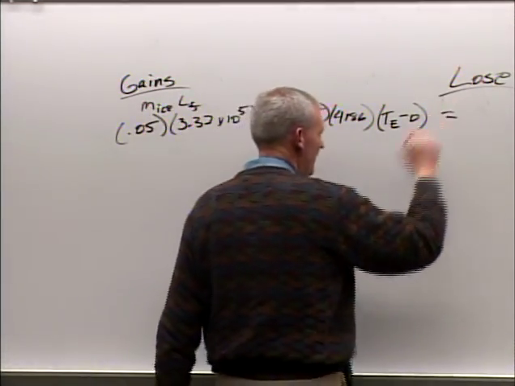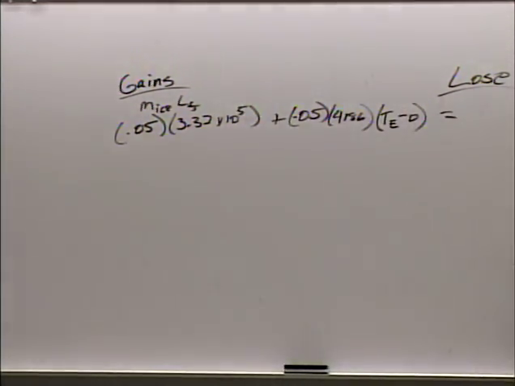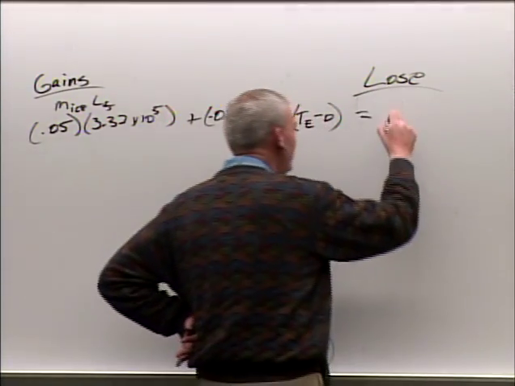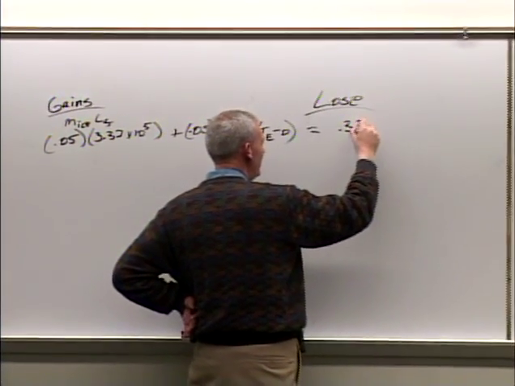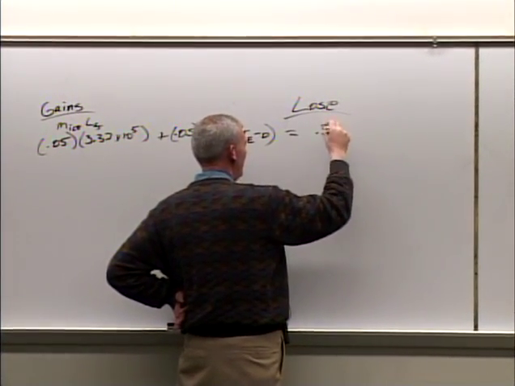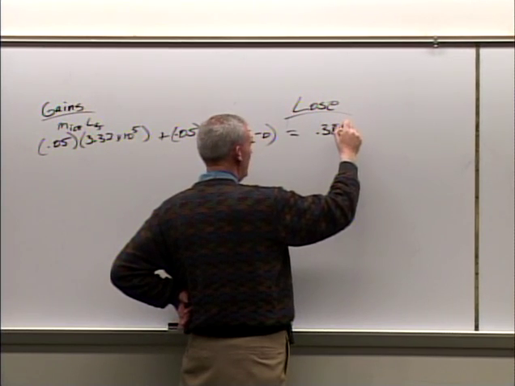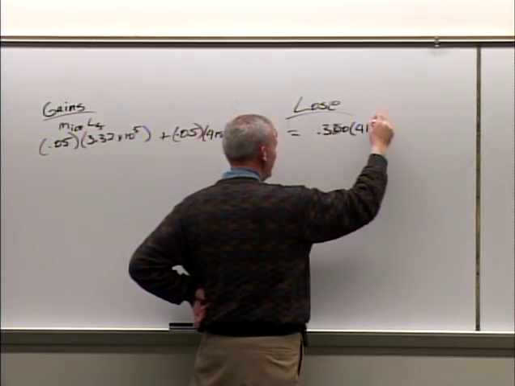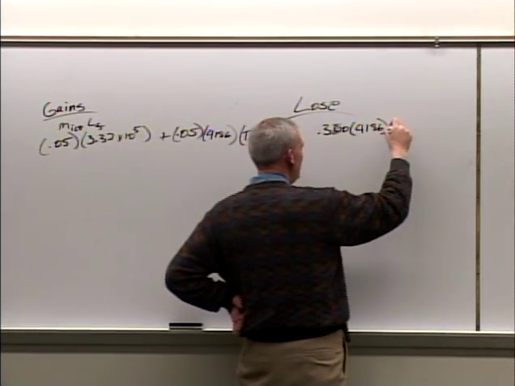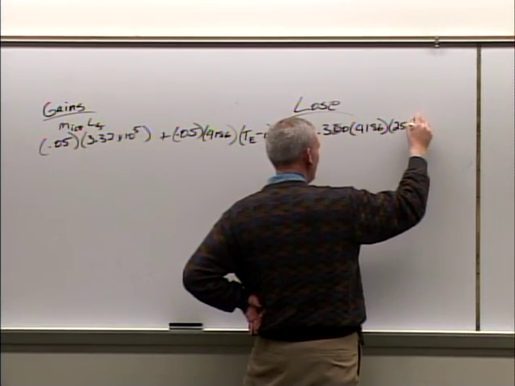Now, go to this side. Let's start with the water. We're going to have 0.300 kilograms times 4186 times 25 minus T_E.